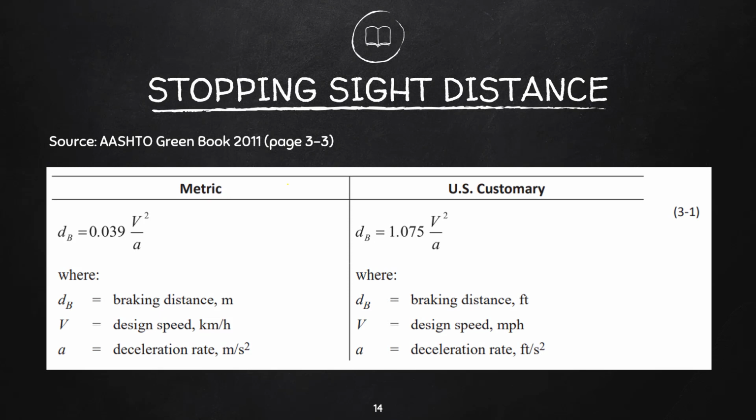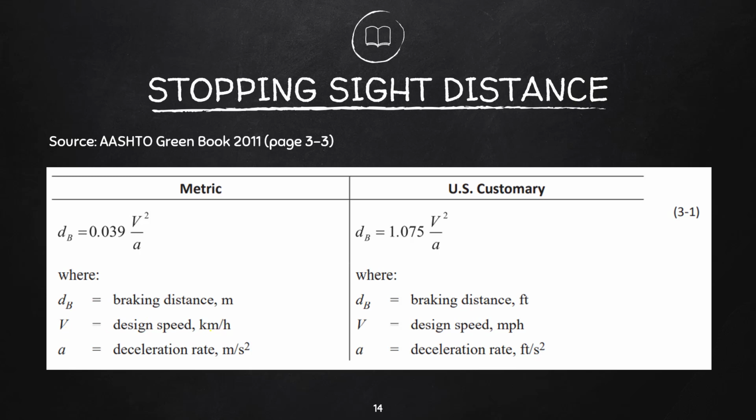So from AASHTO, this is similar to what I have shown you a while ago. These values or factors here are just conversion factors, because if you notice, the design speed here, or the starting v sub 0 in our notation, is in kph.